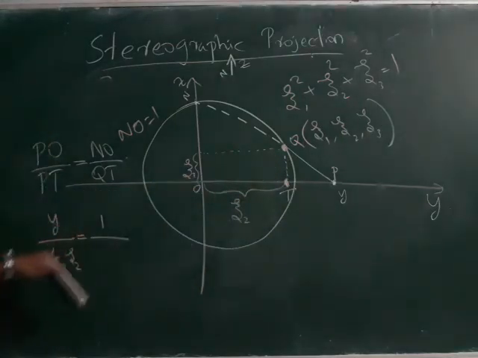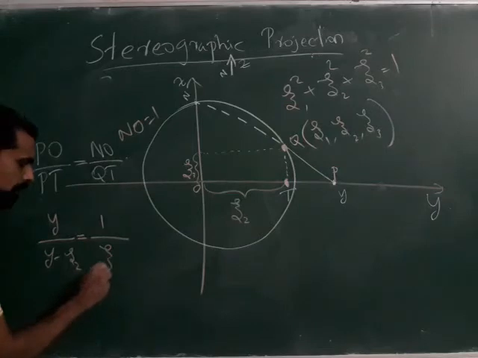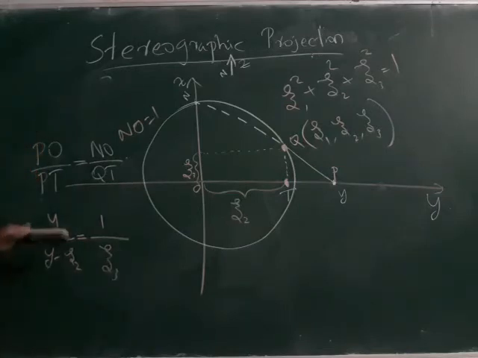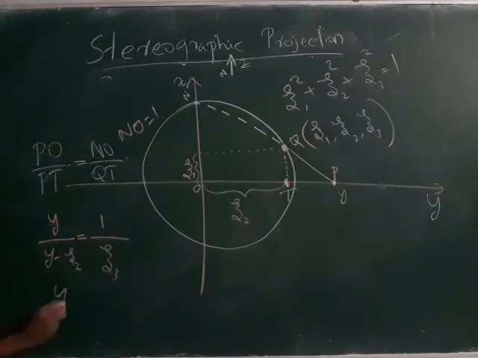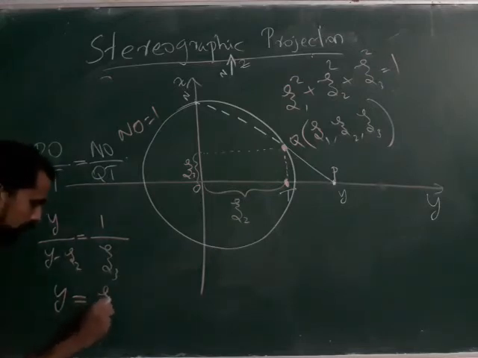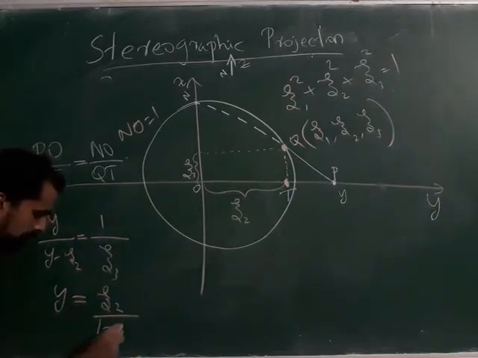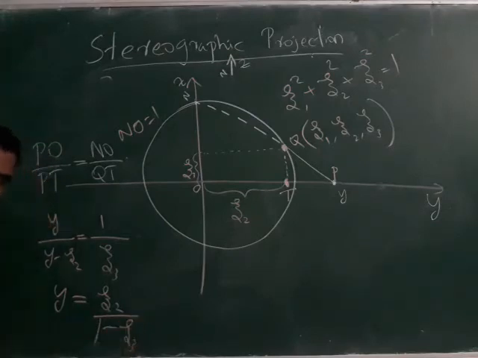QT is theta 3. So from this, if you rearrange it, you can just check it out at home. You just separate the y, and you will get y is equal to theta 2 divided by 1 minus theta 3. So you work it out at home.